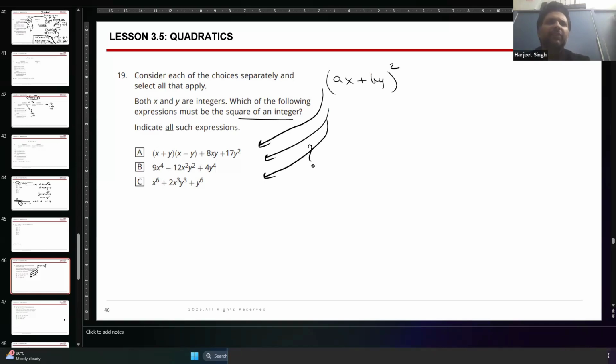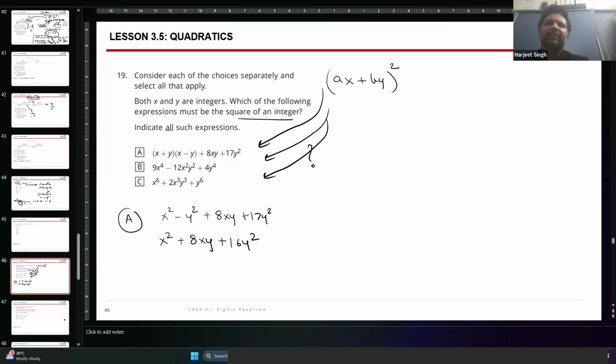So let's tackle the first part, choice A. So I can simplify this. Can I say this is x plus y into x minus y is x square minus y square, the identity, plus 8xy plus 17y square. Collecting all the terms, x square plus 8xy plus 16y square.